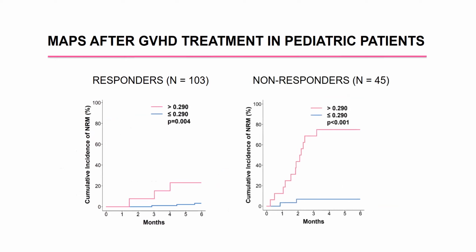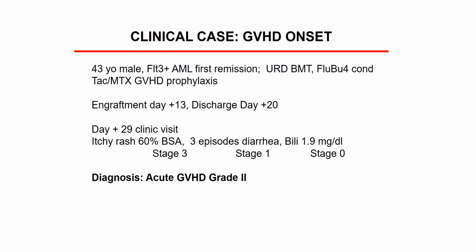And in the non-responders, that's even more dramatic, with the mortality rate in the non-responder pediatric patients who are greater than 0.29 of approximately 75% by 6 months. So what is true in the adult patients is also clearly true in pediatric patients.